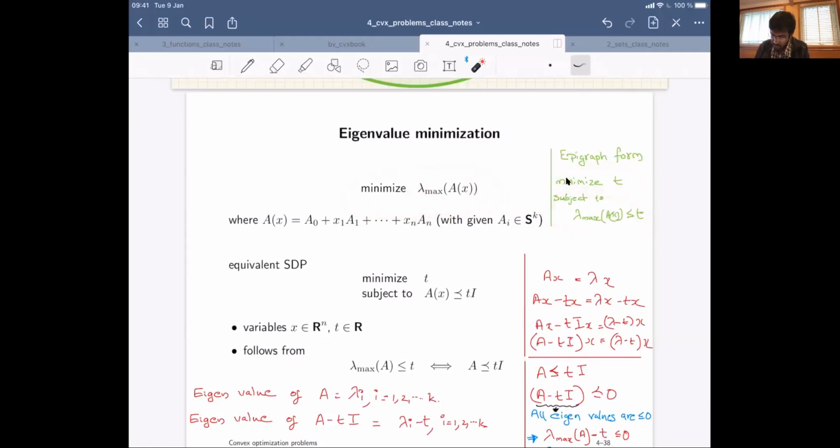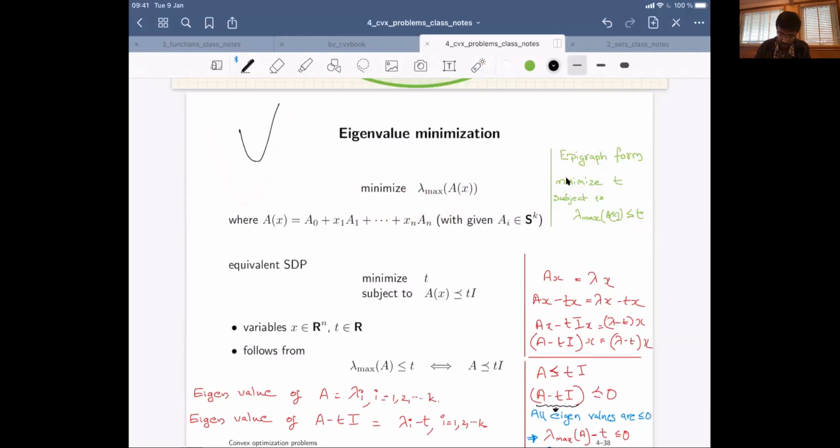This is the epigraph form of solving an optimization problem. The epigraph is the region which is above the function. That has nothing to do with this inequality. We discussed this two classes back. You have a function like this.